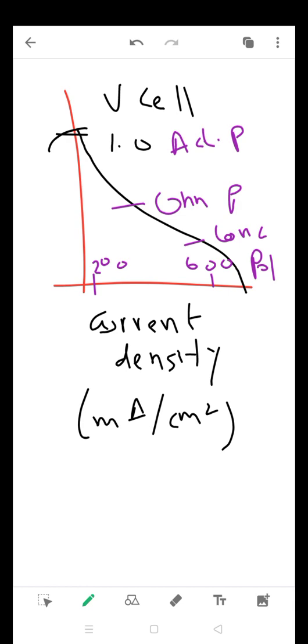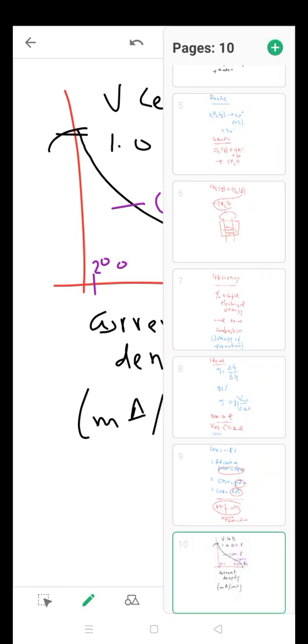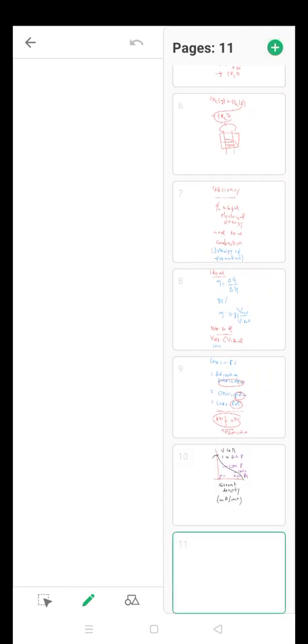Now let us try to understand what these three polarizations are. We take up the activation polarization first.